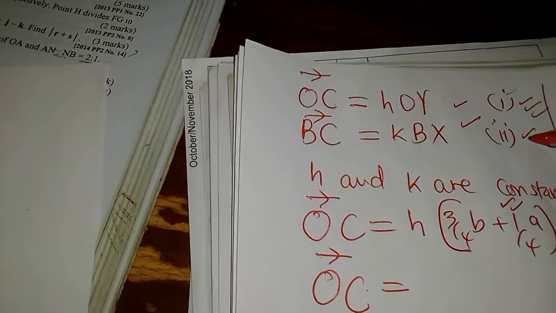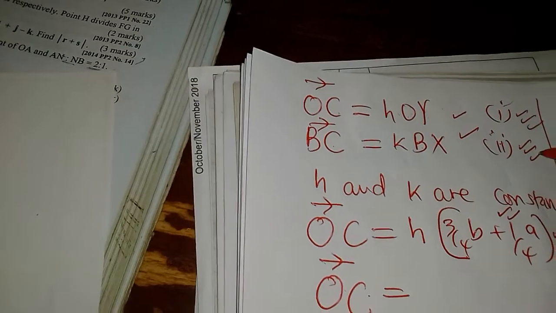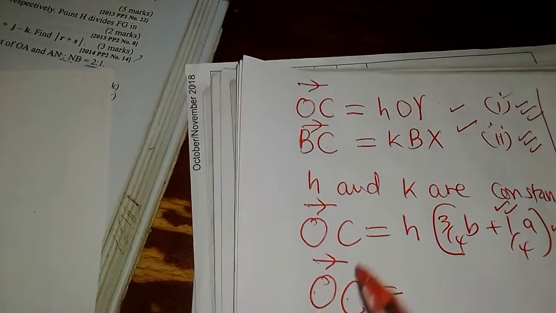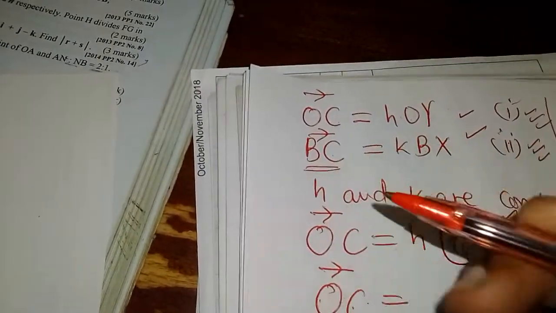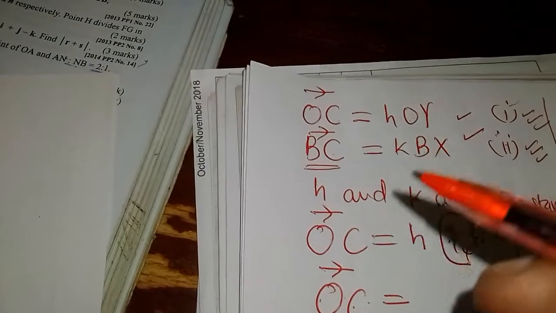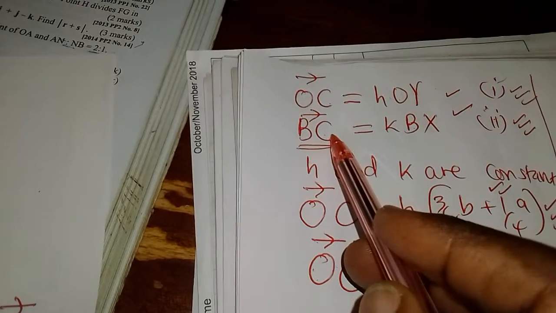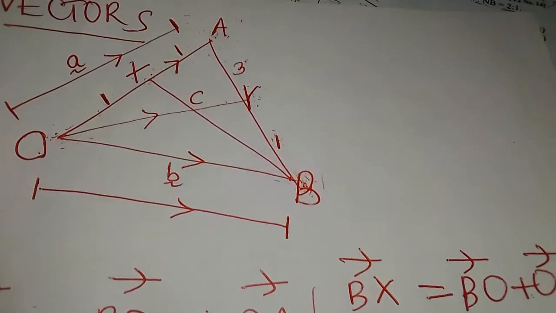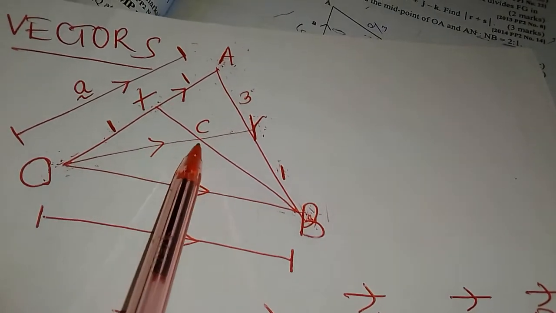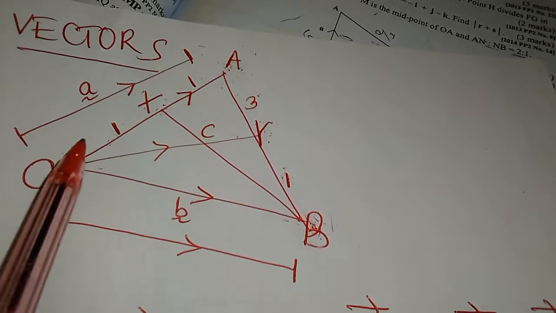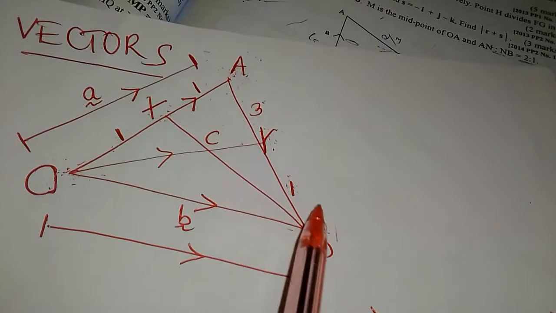I want to move from O to C, but I must pass through BC. So let me come back to the diagram.